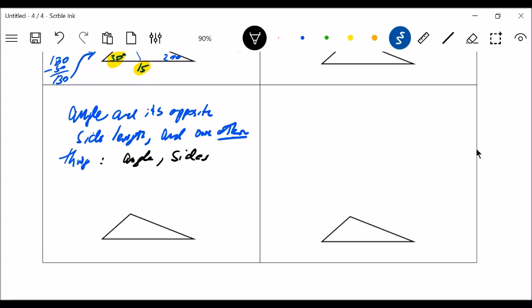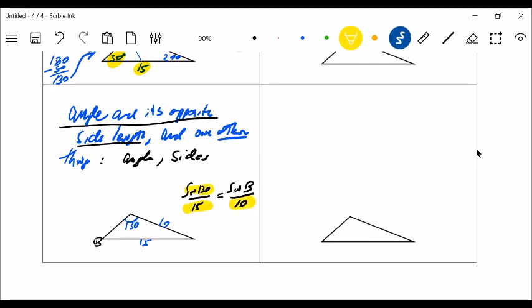It doesn't matter which one it is. So what you need is an angle and its opposite side length. So it would be as if this was 130 and 15. And then if this amount was 10, we'd call this one B. And so we'd say sine of 130 over 15 is equal to sine of B over 10. And because we have three things that we know and only one we don't, we could then solve for B and use the inverse sine key.